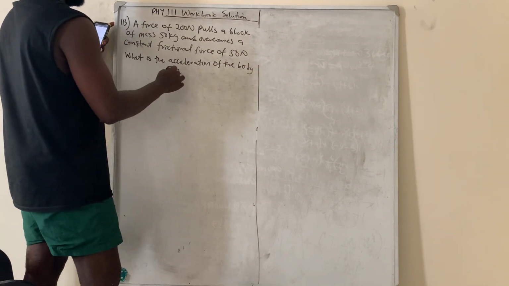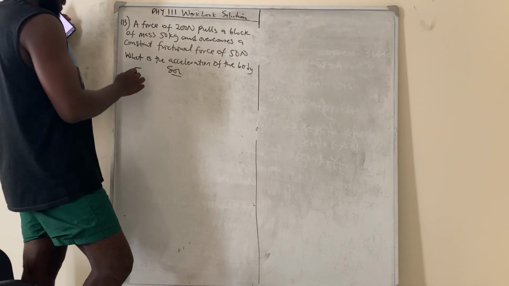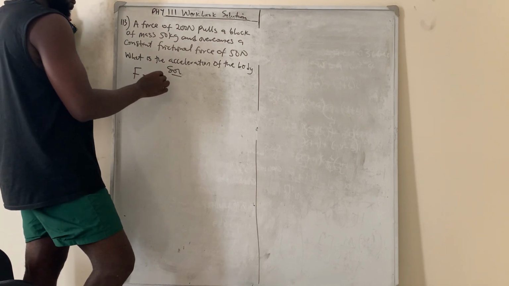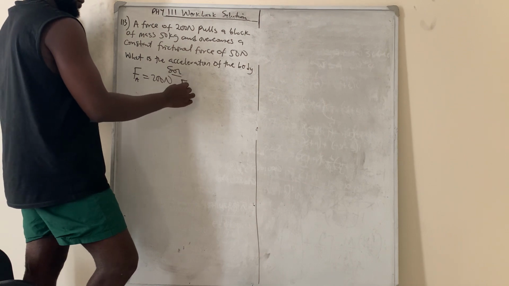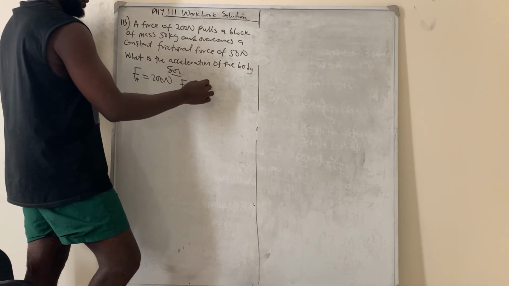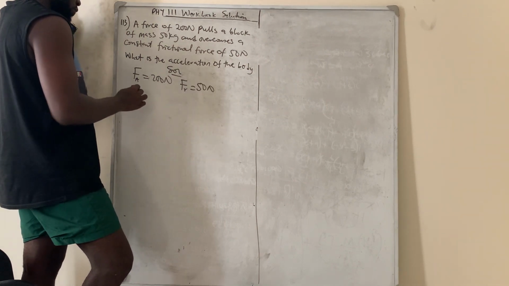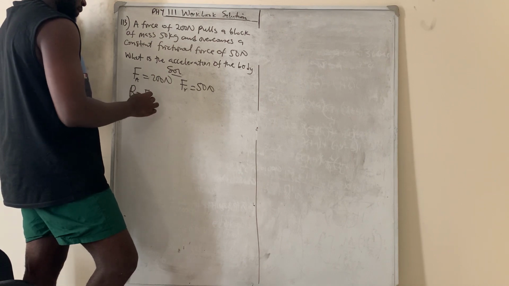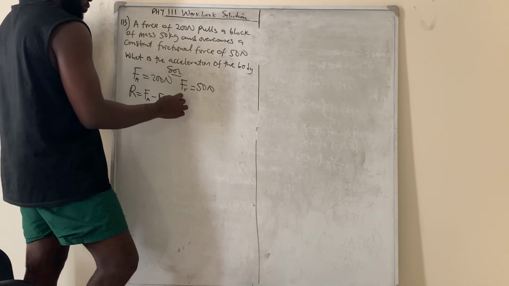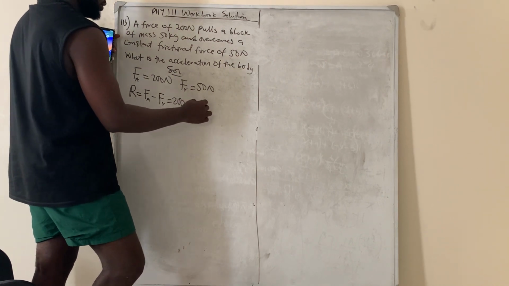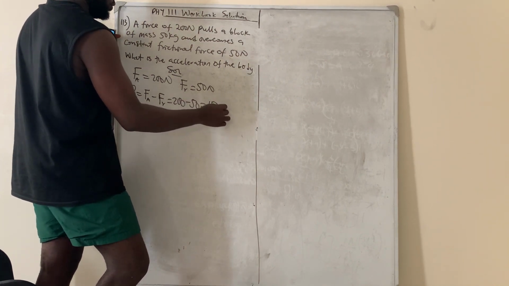Okay, solution. Now the force applied is 200 Newton, while the frictional force is 50 Newton. So the resultant force will be the force applied minus the frictional force, which is 200 minus 50, which is 150 Newton.